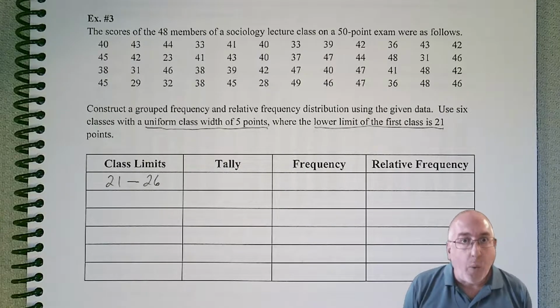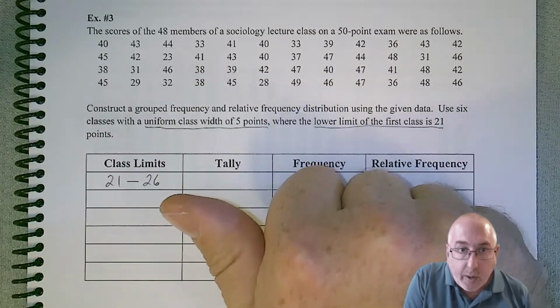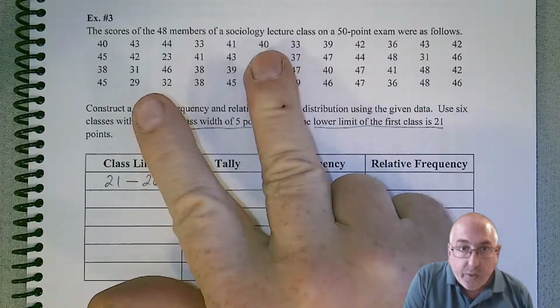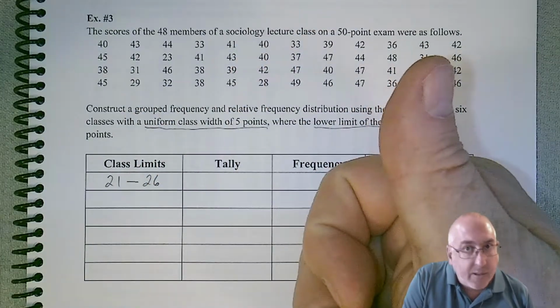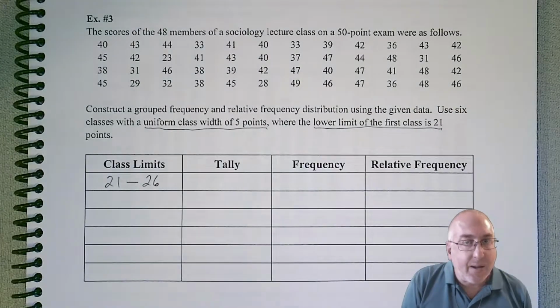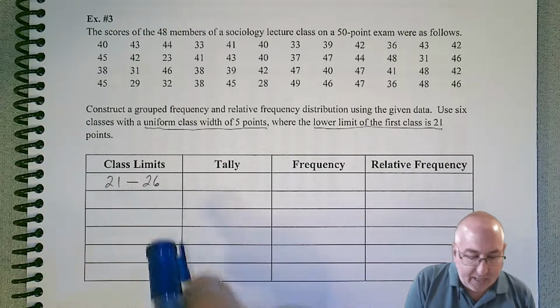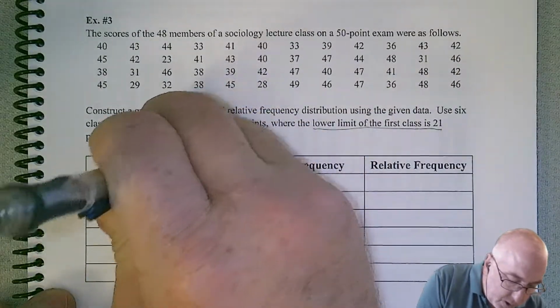Why? Well, use your fingers. If you say, okay, 21, 22, 23, 24, 25, and 26 would be the sixth, so that would give us a class width of 6. So we can't just add 5 to our starting point.